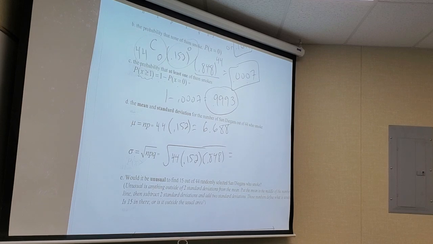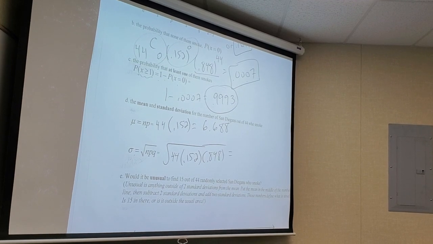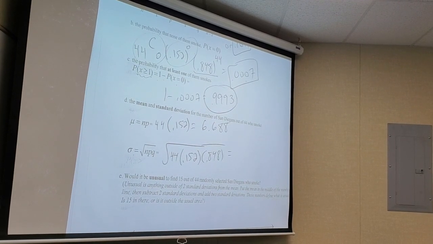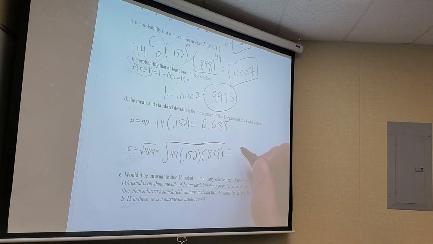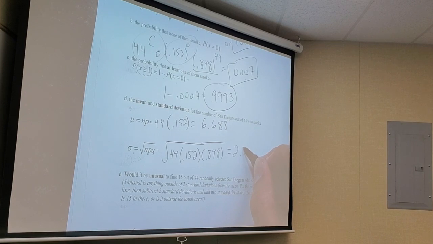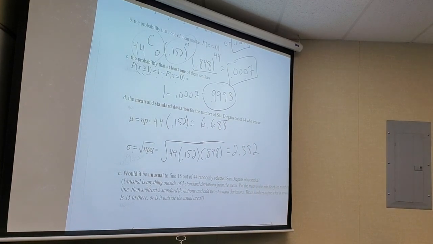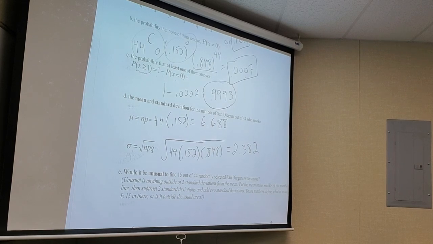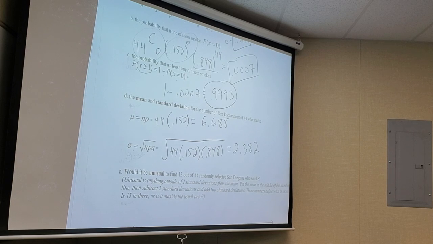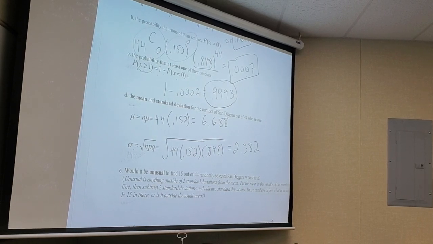I don't know, 2.4. What is it? Or 2.382. 2.382? That sound right? What did you do wrong? You said Scheisse. No, I just hit the wrong button.